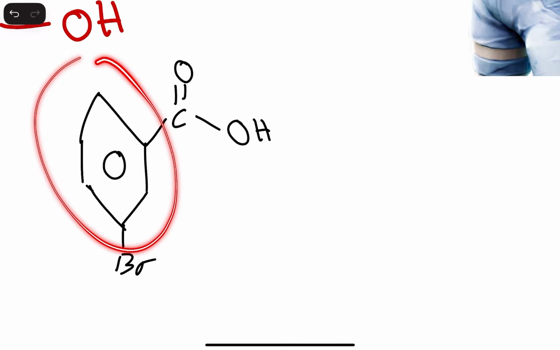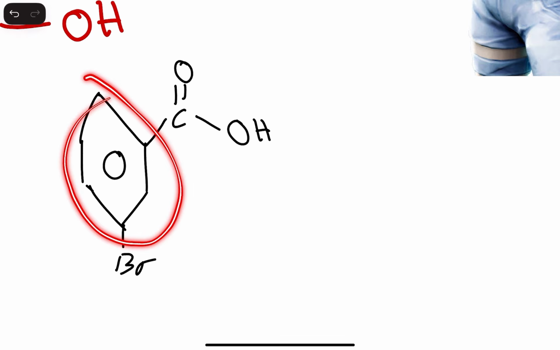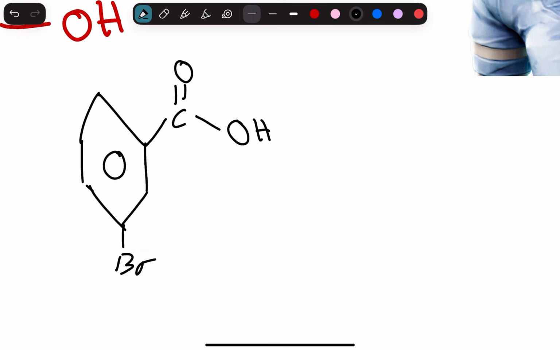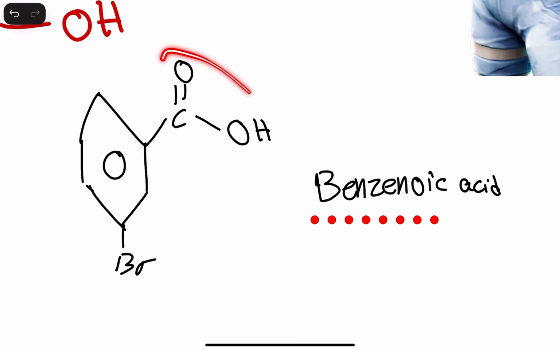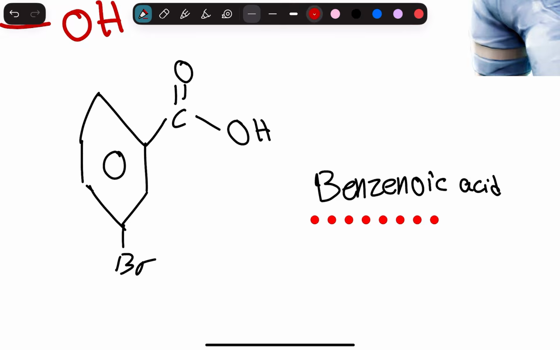So we're going to identify our parent chain. We see that we have a benzene ring. So it's going to be benzene. But we have to replace the E with oic acid, since we see that we have a carboxyl group right here. So all that's left to do is to identify our substituents.